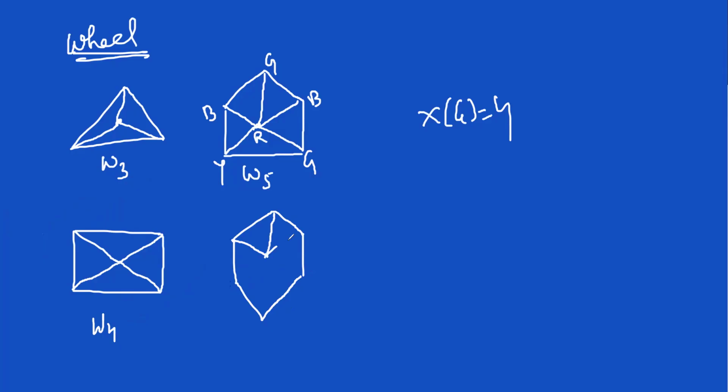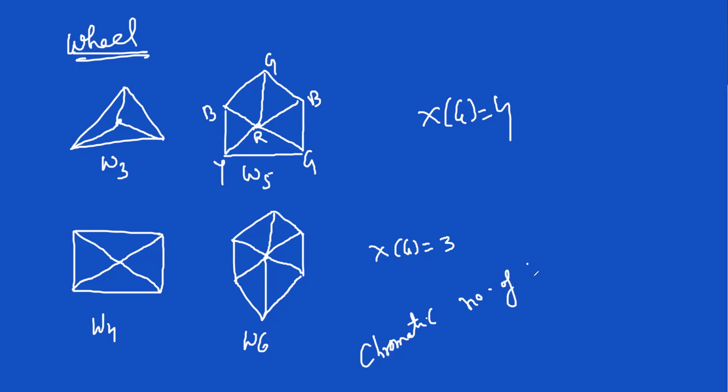So what is chromatic number of this? Yes, very good. The chromatic number of wheel is what? Four when n is odd. And it is three when n is even. Understood?